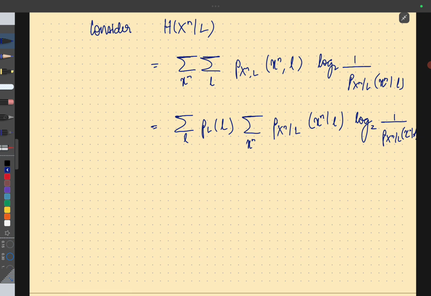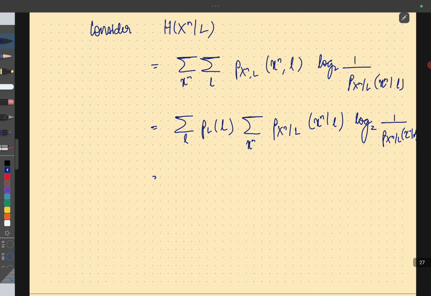It's the entropy of Xn conditioned on the event that capital L is equal to small l. So this is equal to summation over all L of P_L(L) times the entropy of Xn given the event that L is equal to little l.